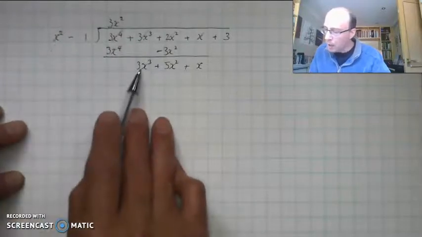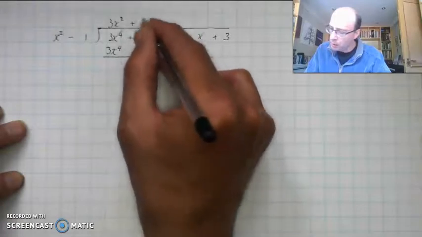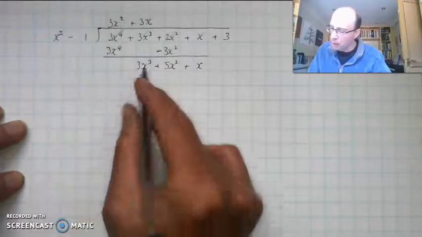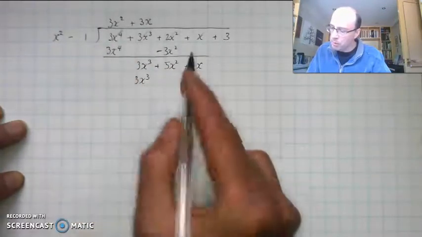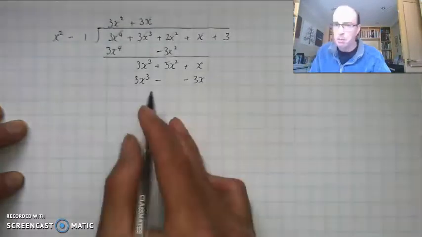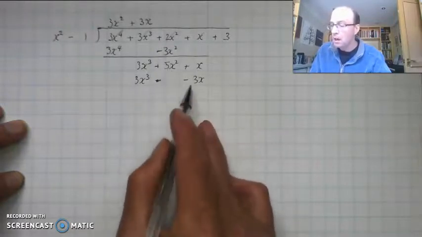Right, how many x squareds go into 3x cubed? So that's going to be plus 3 lots of x. So 3x times x squared is going to give me 3x cubed. 3x times minus 1 gives me minus 3x. Nearly made a mistake myself. Haven't got any x squareds, so nothing in here. I've got the 3x.